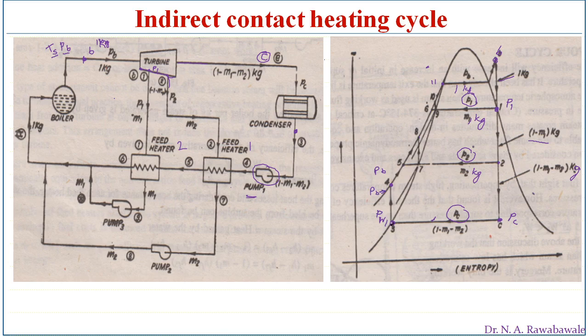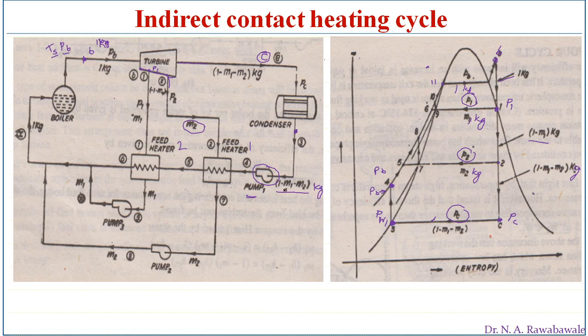Now the condensate is supplied from point 3 to 4, that is, it is injected into the boiler. So when it is injected, the heat exchange takes place. So here m2 kg of steam which is taken out, bled, is going to give its heat to the condensate having mass 1 minus m1 minus m2 kg.